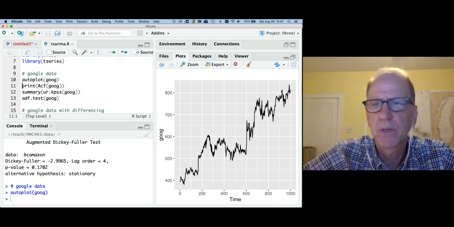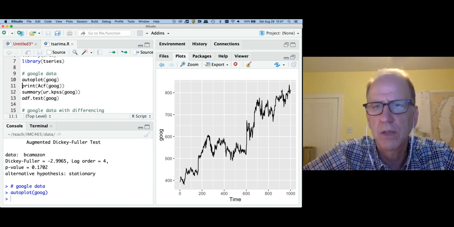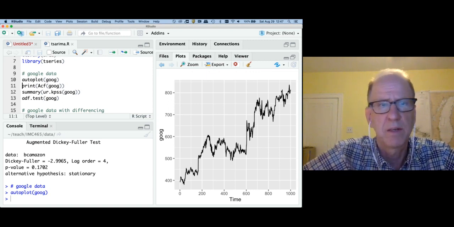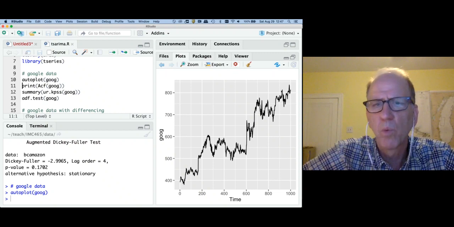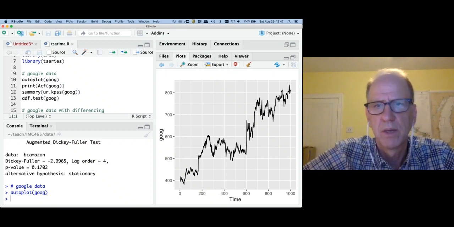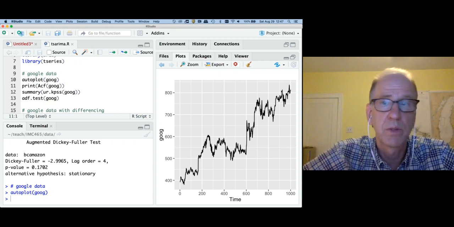There may be some other things going on. The seasonality is hard to assess with this plot, and chances are there may not be any seasonality. Going back to week 1, we had some further diagnostic plots for helping us diagnose whether there's seasonality.